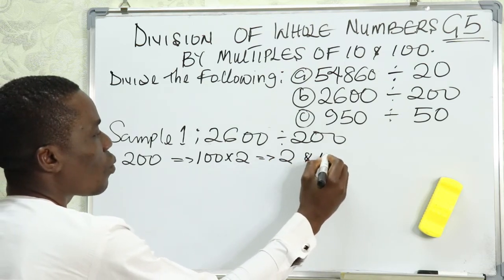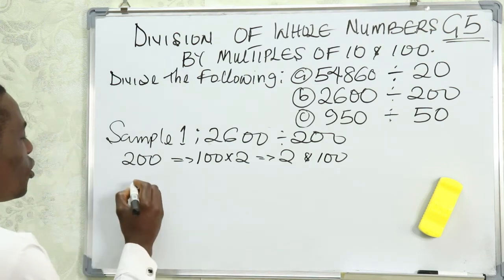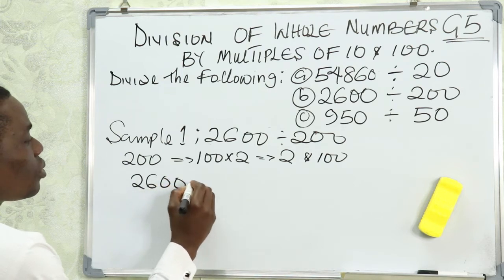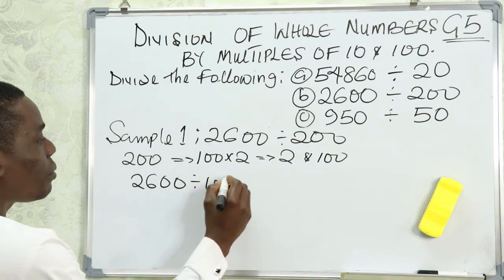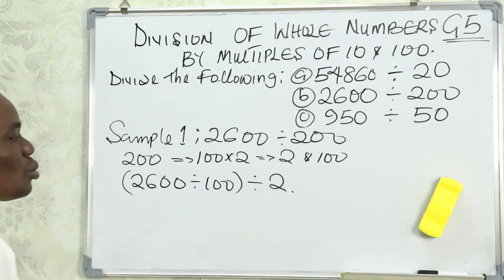Now remember the first thing we did. You are going to divide 2600 by 100 first, and then you divide it by 2.